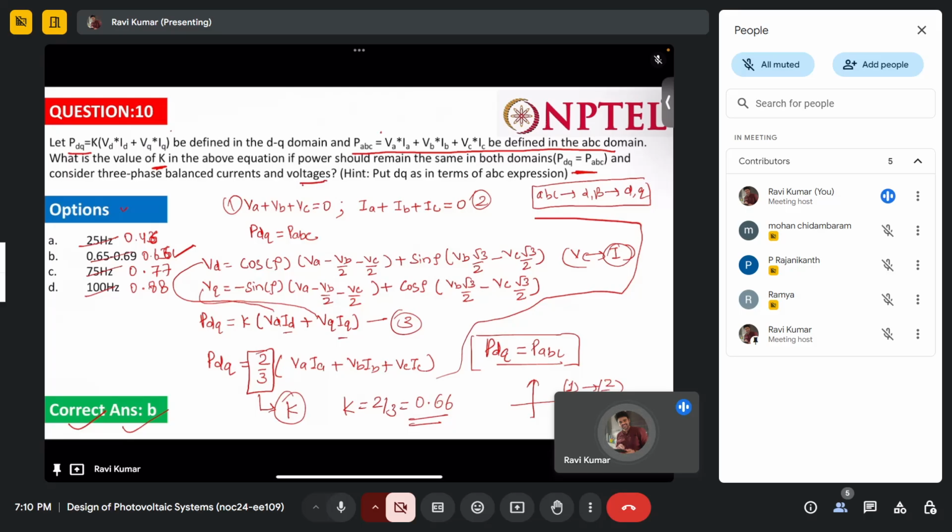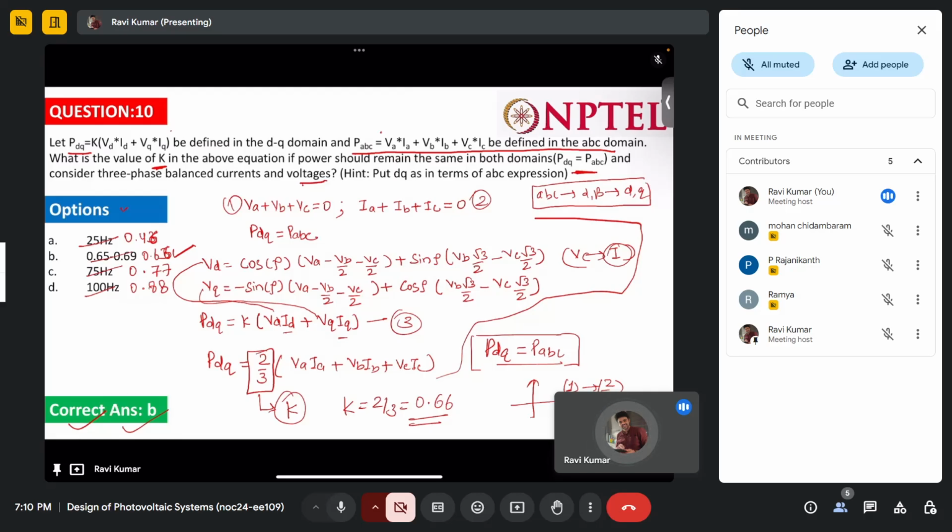In the next class, which will officially be the last class for this course, we will see LCC and all. And after that, I am also taking one extra class, most probably on Saturday. In that Saturday class, we will design a solar PV system for our home.